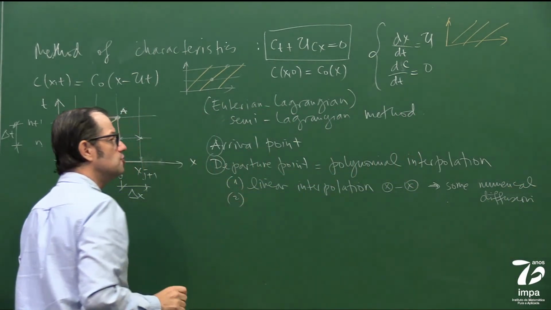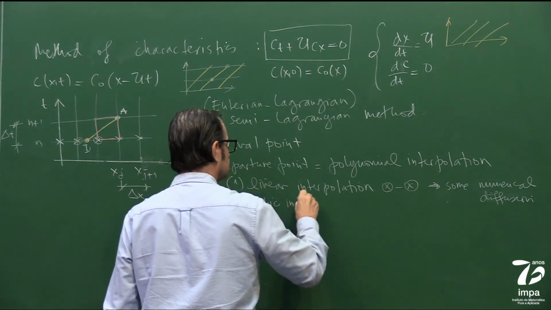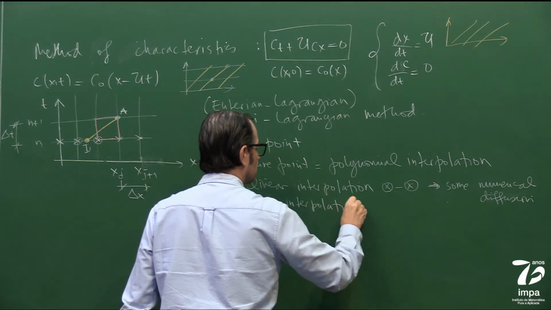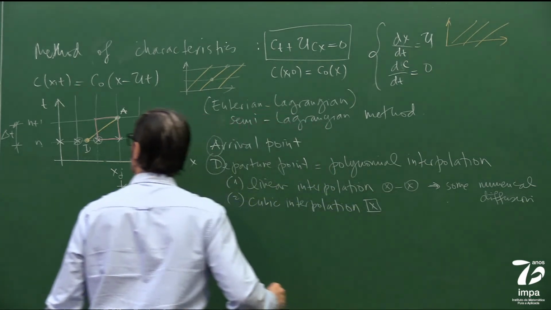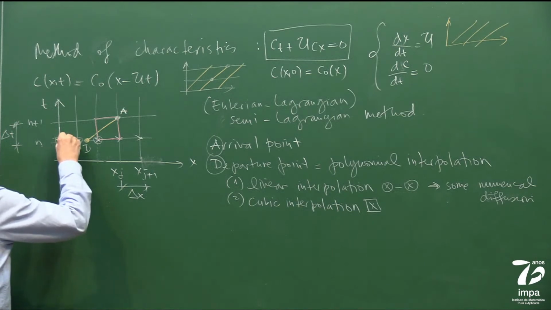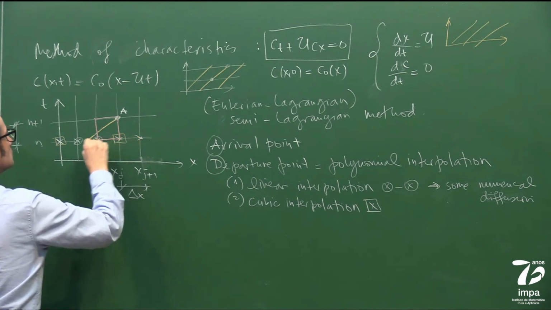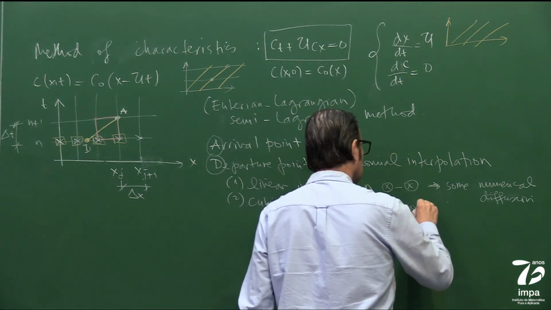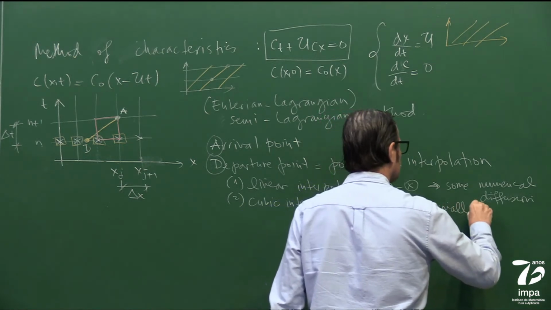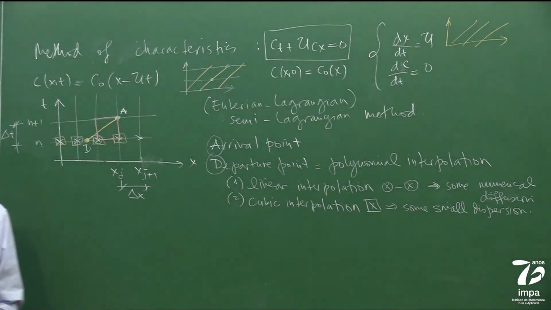So the recommendation is usually to use cubic interpolation, which uses these points, and implies some small numerical dispersion, but it's better.